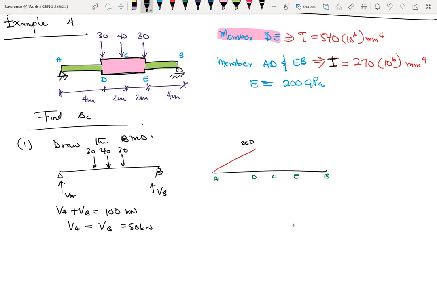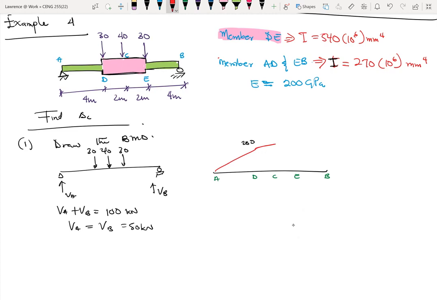Then from D to C, let me just, okay, at least it looks a bit funny. So it takes the shape like that.